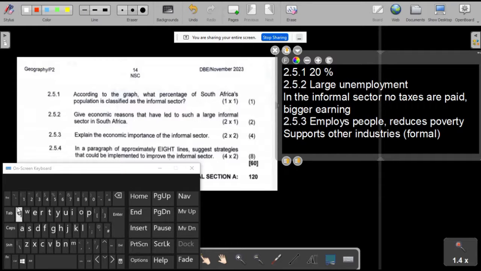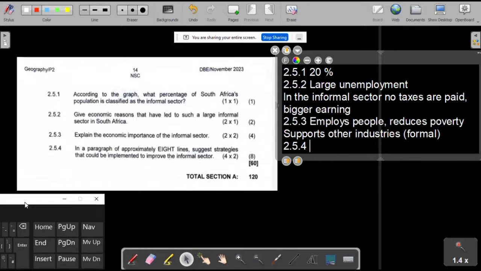Right. Next question, 2.5.4. In a paragraph of approximately 8 lines, suggest strategies that could be implemented to improve the informal sector. Oh, there are many, guys.